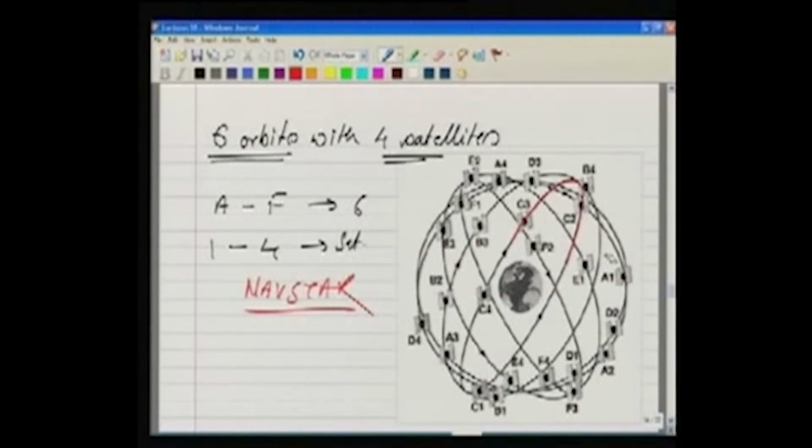The basic idea is that the satellites are positioned in such a way that at any point of time t, we should be able to receive the signal from 4 satellites. Of course, when you actually work in the field, you will find that very often you have more satellites visible to you, 8, 9, or 12 satellites, from where you can receive the signal.